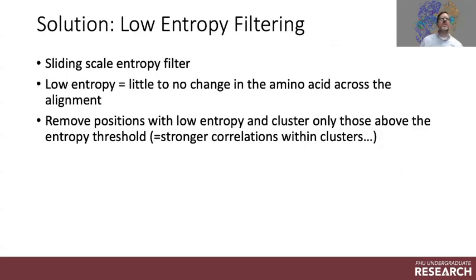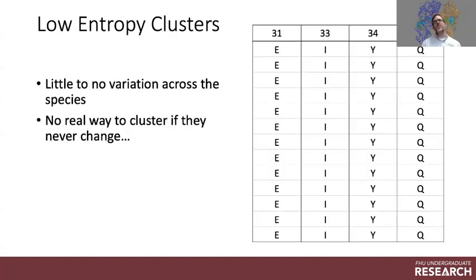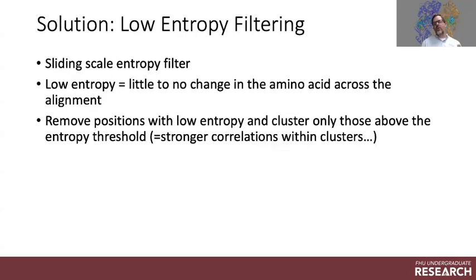So the idea was brought to the table to use low entropy filtering. In other words, filter out sites that have little or no change. So entropy in this sense is not a thermodynamic quantity, but an information quantity. If there's a site, a column in a multiple sequence alignment that doesn't change, like one of these, where it's just E all the way down, that's a position of very low entropy.